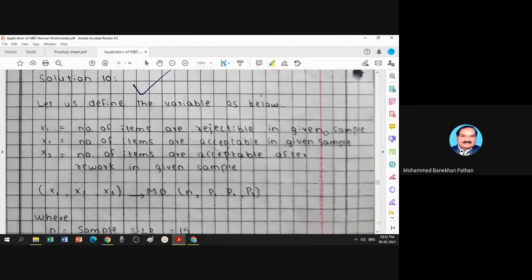X2, the number of items that are acceptable in the given sample. X3, the number of items that are acceptable after rework in the given sample. Now these 3 variables are defined as per the question's information.